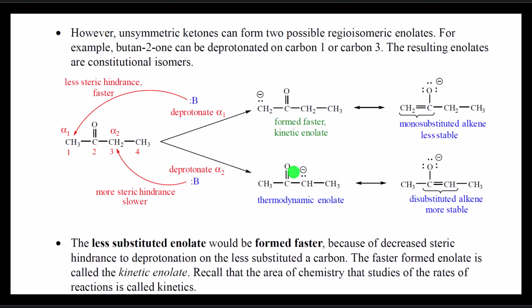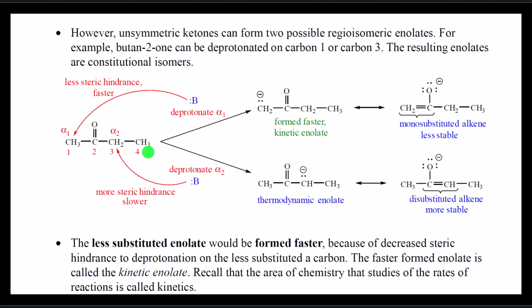The less substituted enolate would be formed faster because there would be less steric hindrance to removing the hydrogen on alpha 1 than there would be to removing the hydrogen on alpha 2. Because there's less steric hindrance, collisions would occur more often, and deprotonation would occur generally much faster.